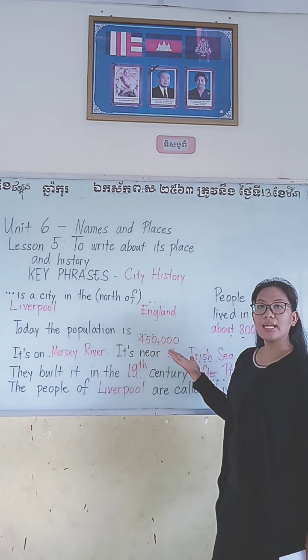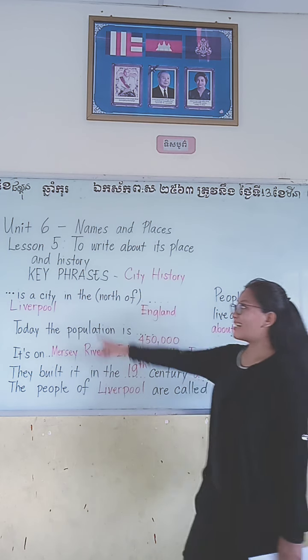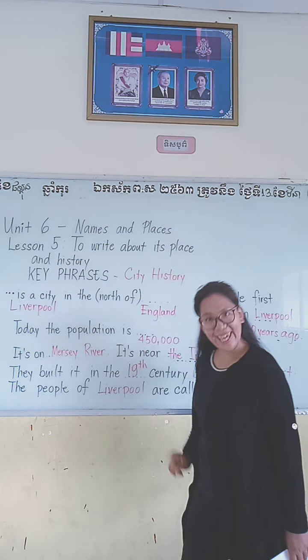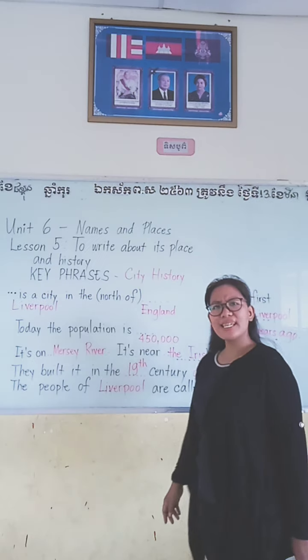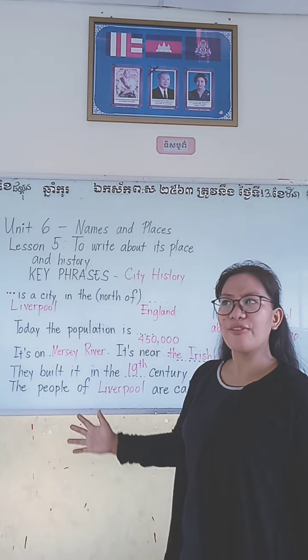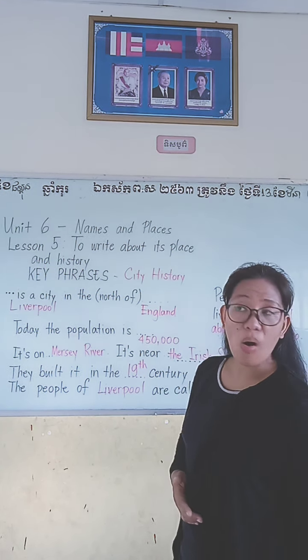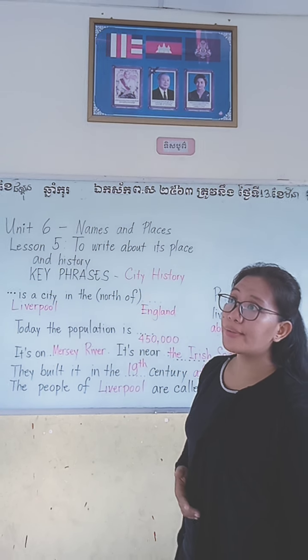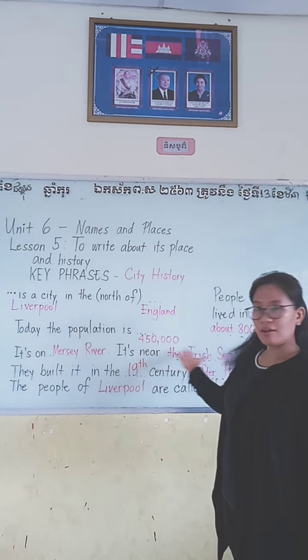How many residents, or how many people live in that city. Okay? Next, "it's on." Where is it located? Where can you find that city? Is it near the sea or is it near a river? It's near what?